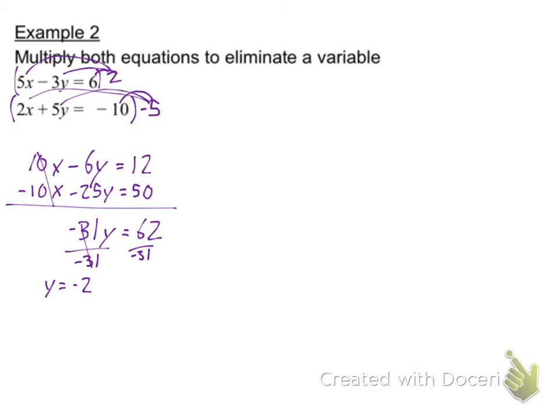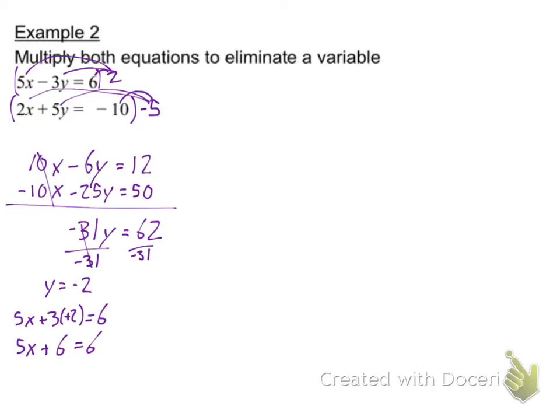Now I'll just plug it in. So let's pick the first equation again. 5x minus 3 times negative 2 should equal 6. Negative makes a positive, so this is 5x plus 6 equals 6.